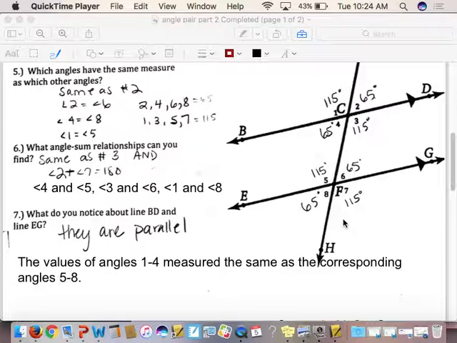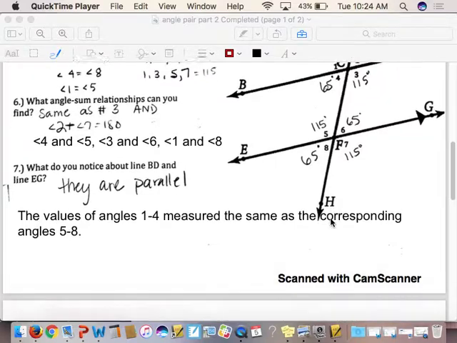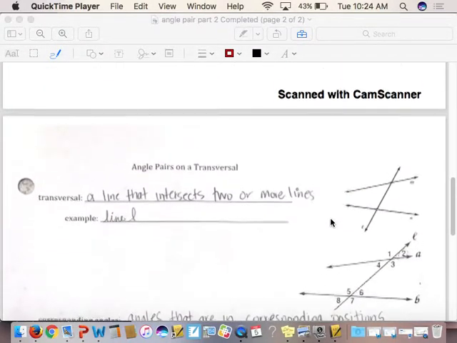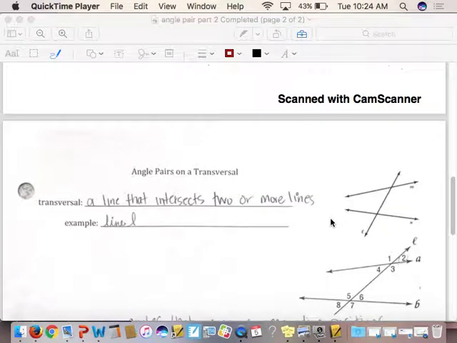All right, go ahead and take your paper, flip it over to the back. Let's talk about some vocabulary here. So first of all, the line that is intersecting 2 or more lines is a transversal.